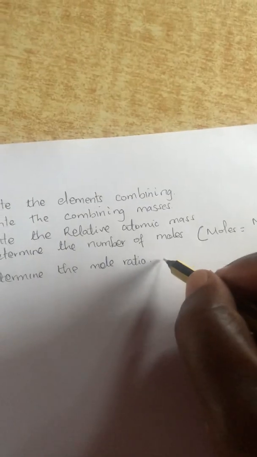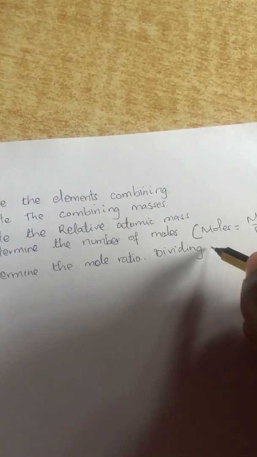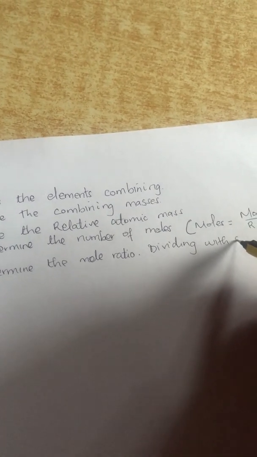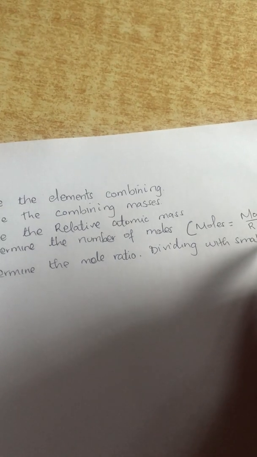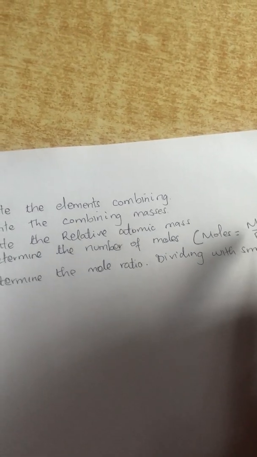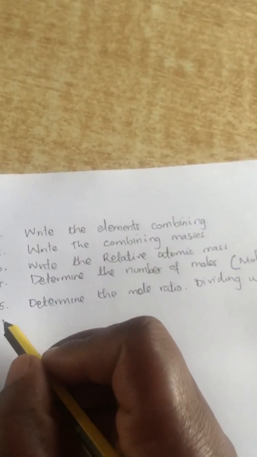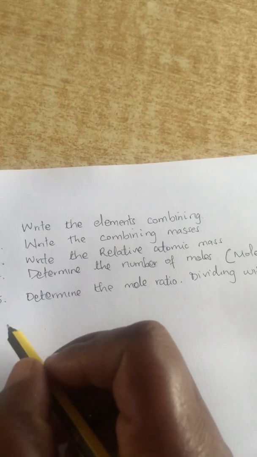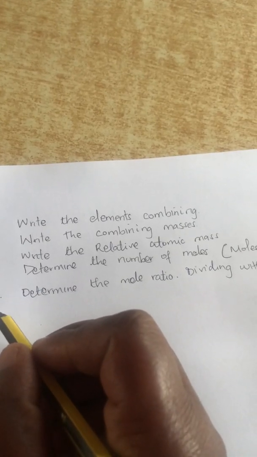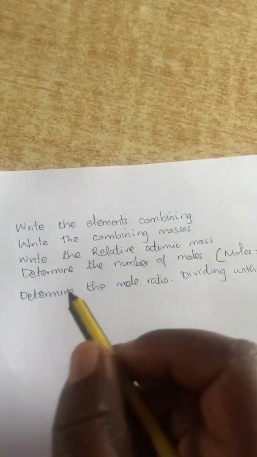We do this by dividing with the smallest mole. From the above calculation, you just get the smallest number of moles, then you divide both moles, or if 3, all of them, by the smallest. That will give you the mole ratio.